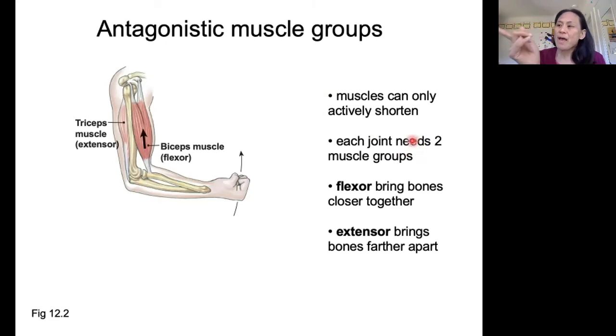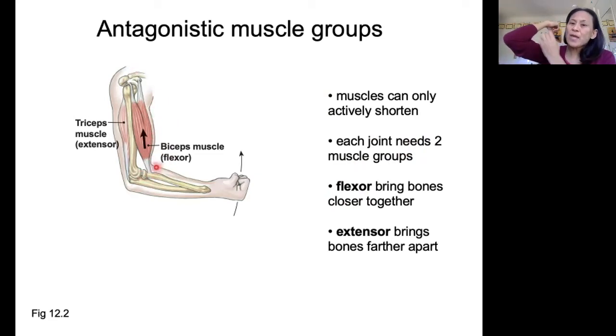So we have one muscle group that's going to bring your two bones closer together. And we call that the flexor. Okay, so in this example, the flexor is the biceps muscle, if we're looking at our elbow joint.